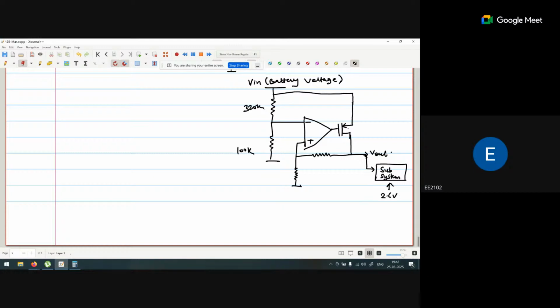Okay. So when the battery is at 4.2 volts, we are getting 1 volt here. If 1 volt is there, we are getting 26k and 10k.